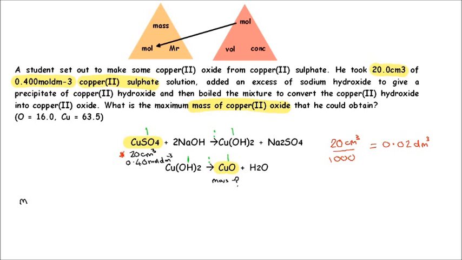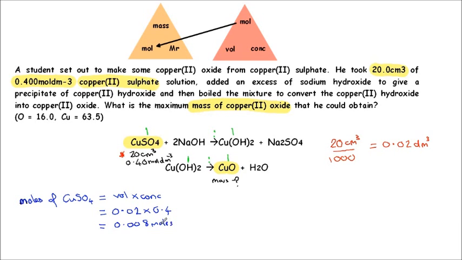So let's go blue again. Moles of copper sulfate, CuSO4, is going to be equal to the volume times the concentration. Again, exactly the same stuff as we were just doing, which is going to be 0.02 times 0.4, which is going to equal 0.008 moles.